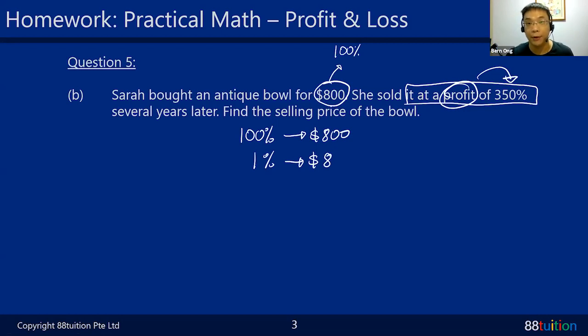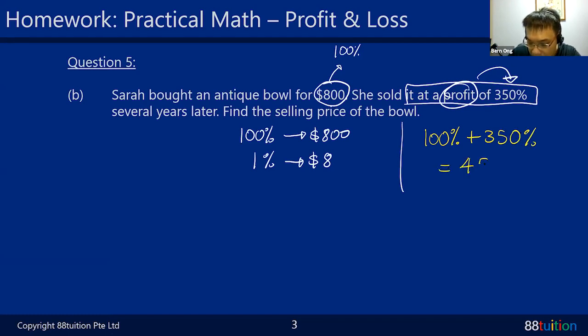Is that okay? Then how? She sold it at a profit of 350%. So actually, the cost is 100%. There is a 350% profit on top of it. So you can immediately find 450%. This is called the selling price.